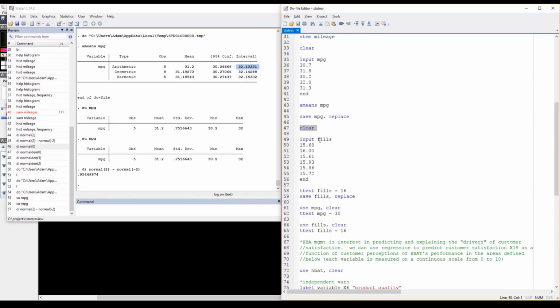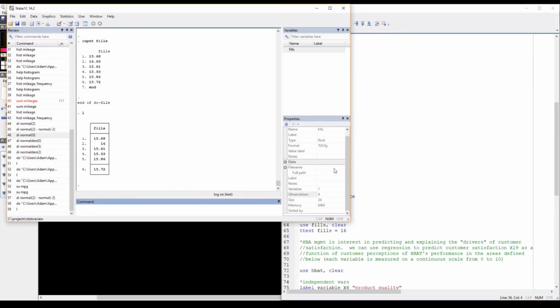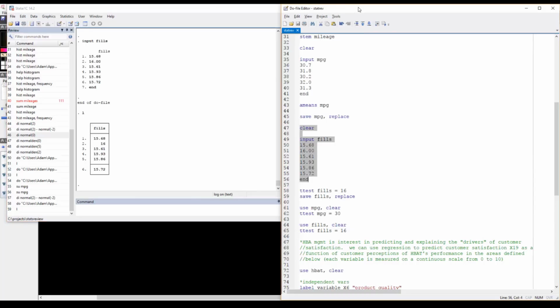I'm going to clear the data and input this fills variable. I'm going to list, and these are our 6 sample values: 15.72, 15.86, 15.93, 15.61, 16, and 15.68. So we take this random sample, and this is what we get.